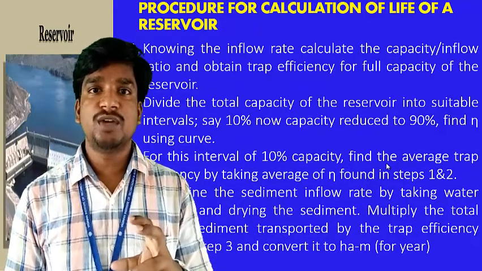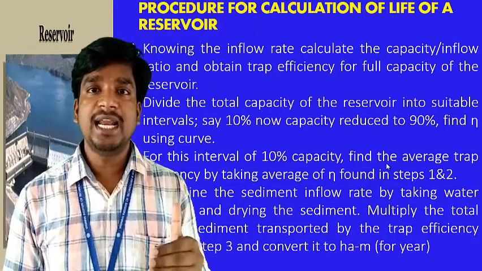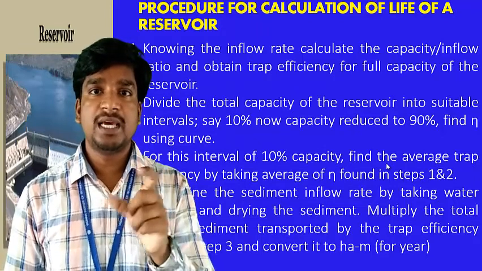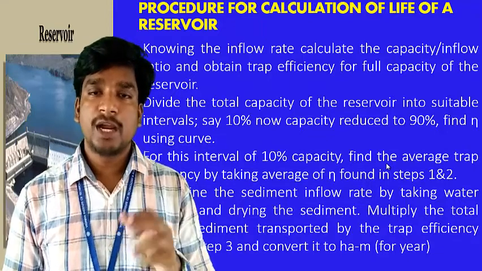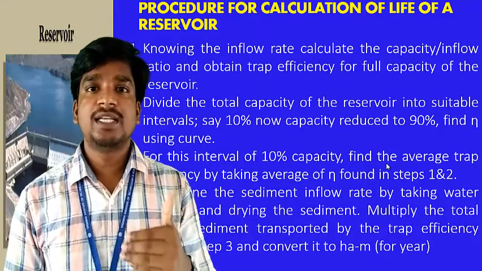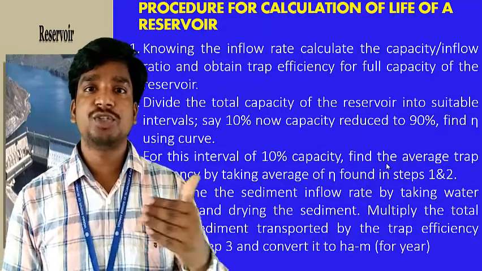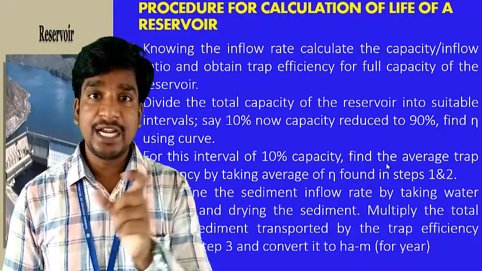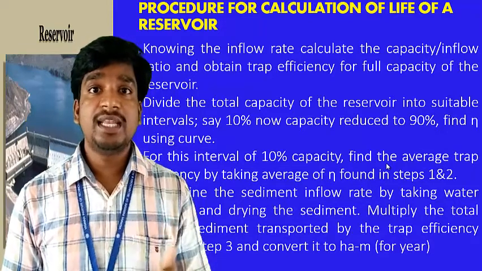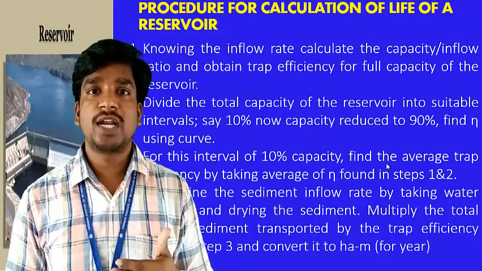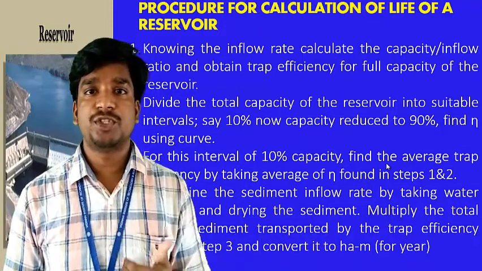Right? Now in this situation, again we need to calculate the inflow rate for that particular interval of time, and also the trap efficiency. Means we need to calculate the capacity to inflow ratio for the reduced capacity of the reservoir and the inflow rate. After calculating the capacity to inflow ratio, we need to obtain the trap efficiency.